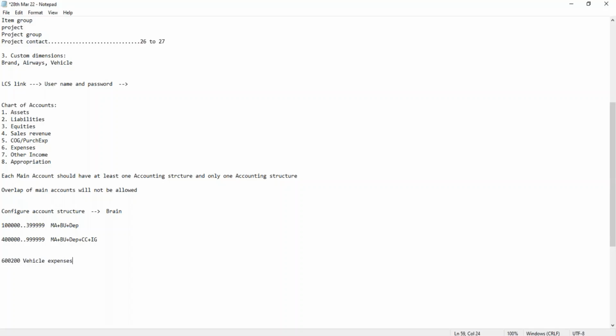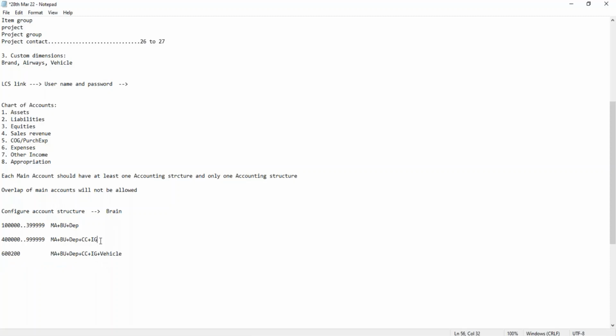This vehicle expenses should be incorporated for this account 600200. Along with this one, I want an extra vehicle dimension for vehicle expenses. Then what do I have to do?